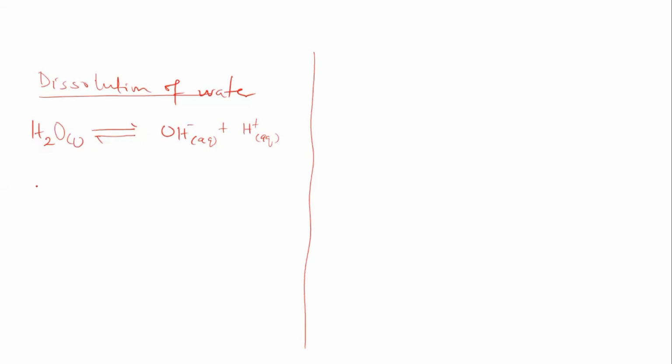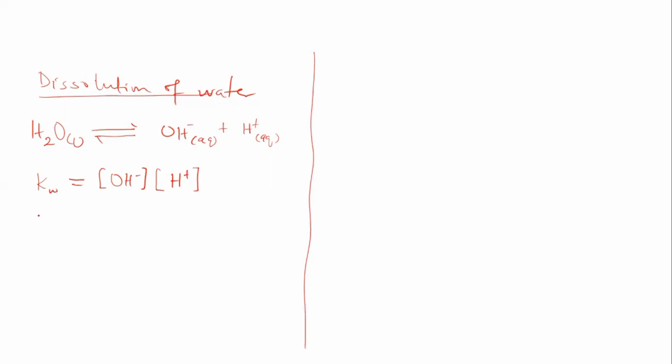Now, if I should write the equilibrium constant expression for this, it is going to be written in form of Kw, the concentration of products over the concentration of the reactant. Now you see that the reactant is a liquid, and because it's in the liquid state, it can't appear in the equilibrium constant expression. So this is what you have.